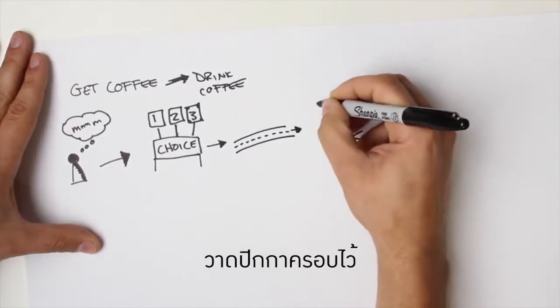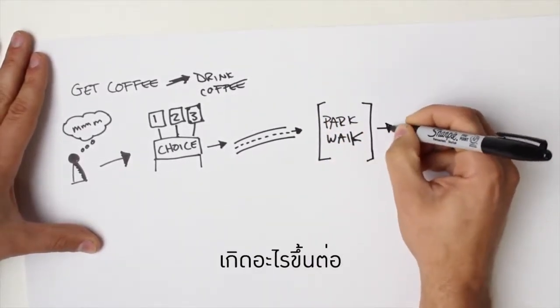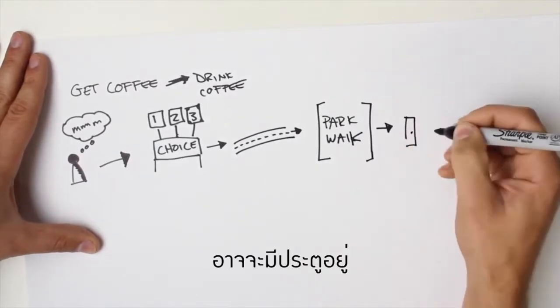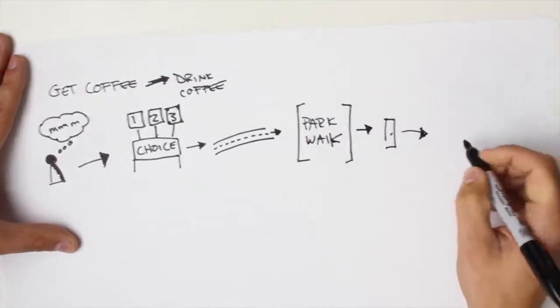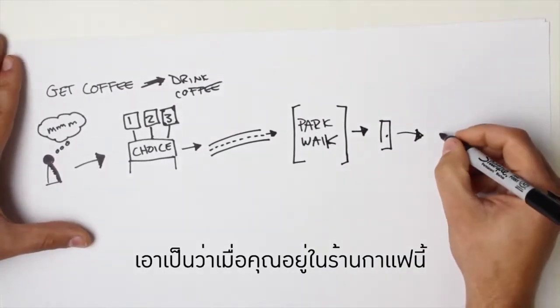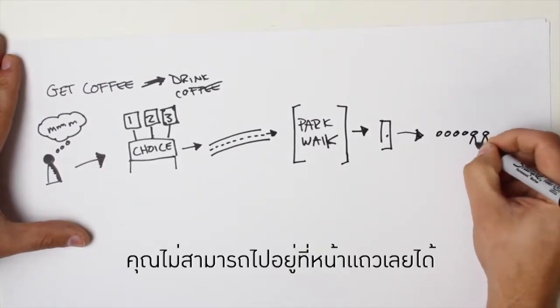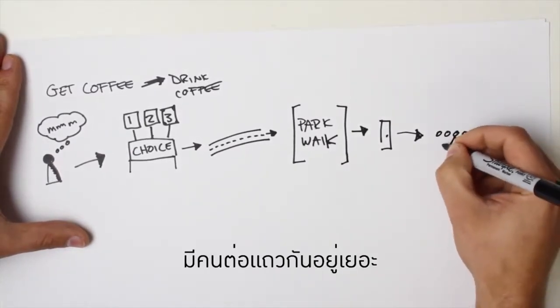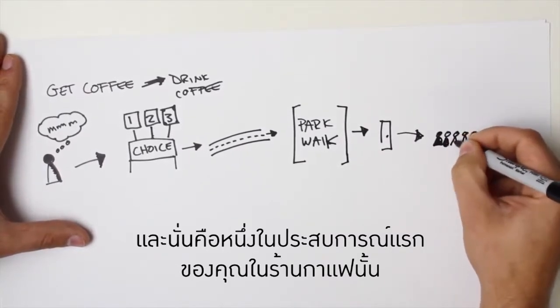Right, so we'll have a park and walk little bucket. What happens next? Let's say there's a door and you have to walk inside the coffee shop. What happens next? Let's say here, now that you're in the coffee shop, you don't get to go to the front of the line, but let's say there's a bunch of people in line, and that's sort of the first experience that you have in the coffee shop.